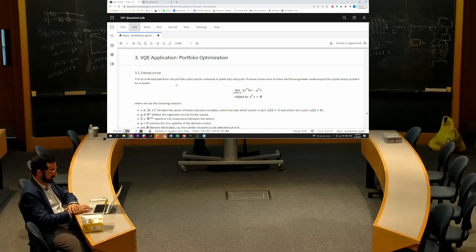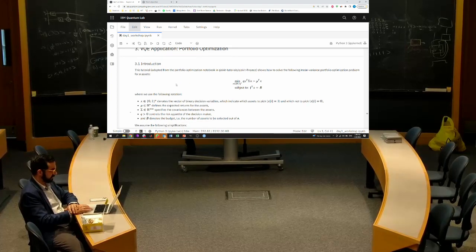So a practical example, we want to do a portfolio optimization. You have some spare money, you want to invest in stocks, you want to choose some stocks, right? You can't invest in all of them. So we have an optimization problem with some constraints on it.